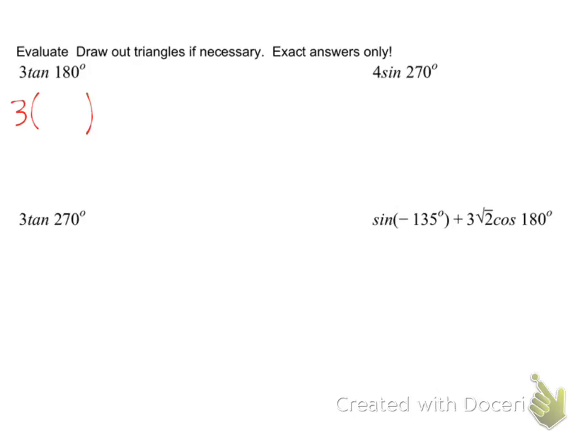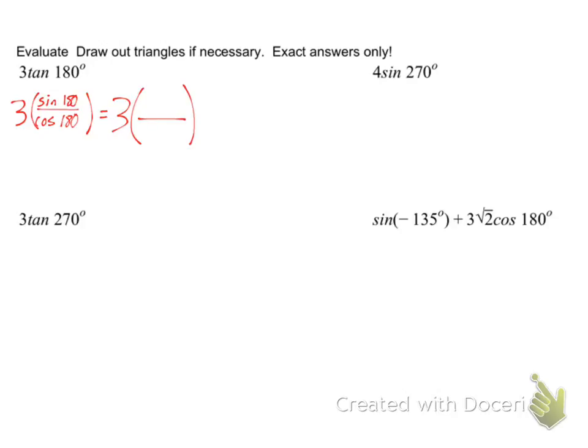What was that again? Sine over cosine. So it's the same as sine of 180 over cosine of 180. At this point, I can use my unit circle. I can say, wait a minute, that's the same thing as 3 times sine of 180 over cosine of 180.